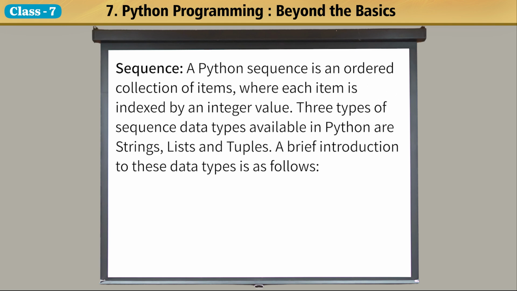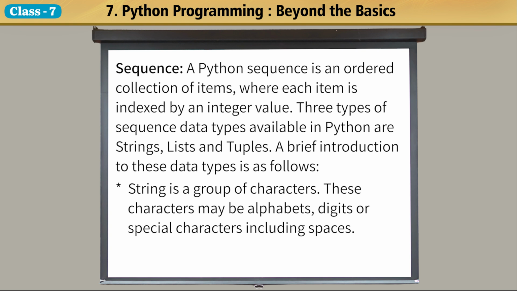Sequence. A Python sequence is an ordered collection of items where each item is indexed by an integer value. Three types of sequence data types available in Python are strings, lists, and tuples. A brief introduction to these data types is as follows. String is a group of characters.